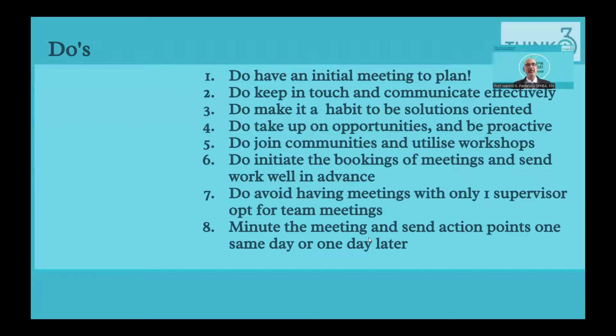Let's move to the do's. The very first thing you should be doing when you are meeting the supervisors early on, and remember I said supervisors in this case, because quite often you'll be put in teams where you have the lead supervisor, then you have at least one more supervisor. In some cases you have an extra 2 co-supervisors, so a team of 3 plus you 4.